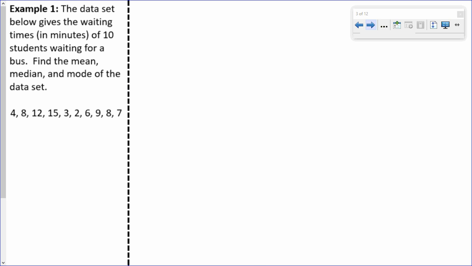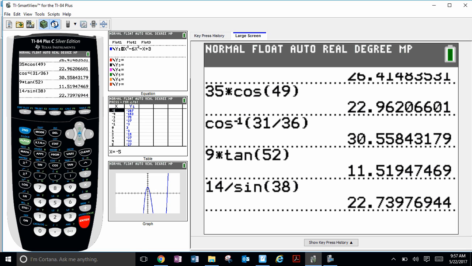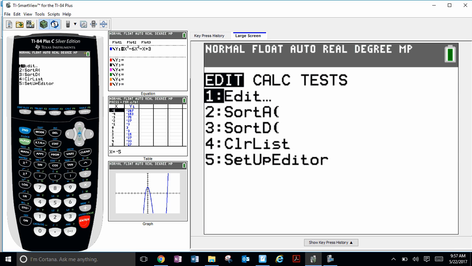All right, so let's just review how to do this in your calculator. Otherwise, if you don't have a graphing calculator, you would have to do all of these by hand. So for mean, you'd have to add all these numbers up and divide by 10, because that's how many there are. For median, you have to put them in order and find the middle number. All right, so remember, this is where you go to stat, edit.